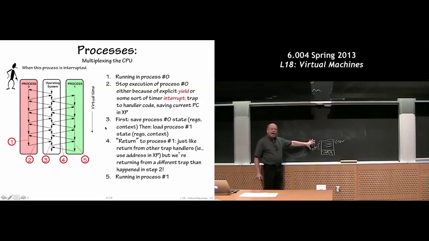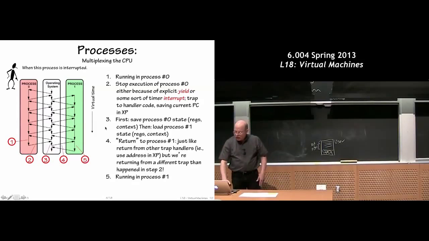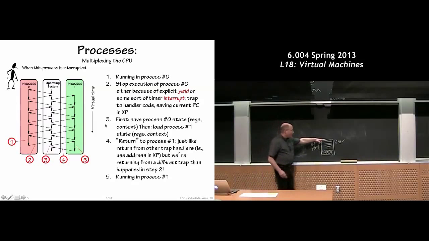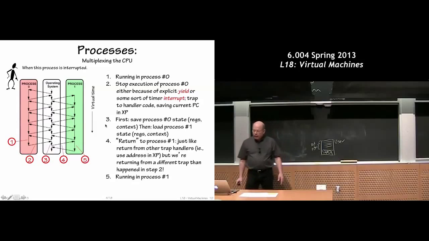Okay, is everybody happy with that? So I'm going to take the contents of the actual hardware inside the kernel here in step 3. There's actual code saying move R0 into location 0 of this special storage array. So I'm moving them into locations in domain memory. I'm basically copying everything out of the hardware registers.